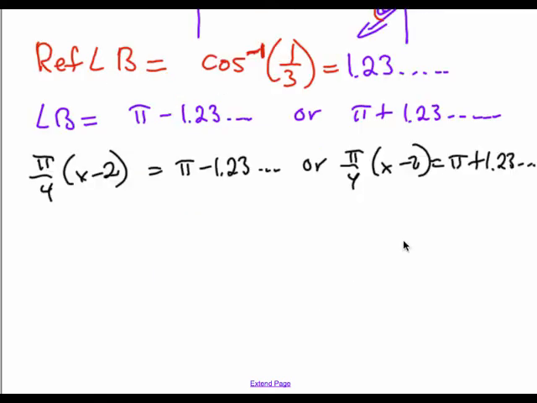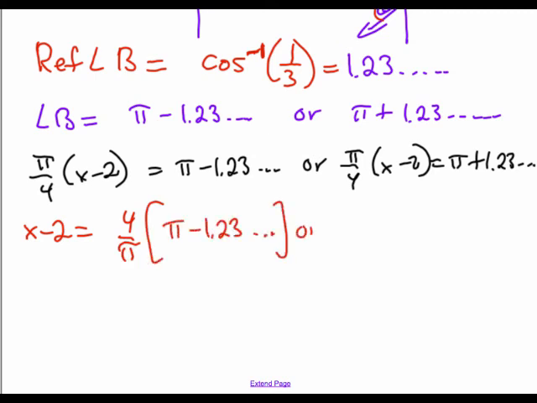On both equations I could multiply both sides by 4 and divide by pi, and then we have to add 2 to both sides.